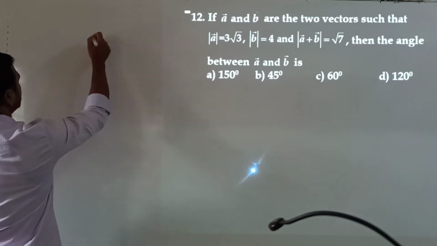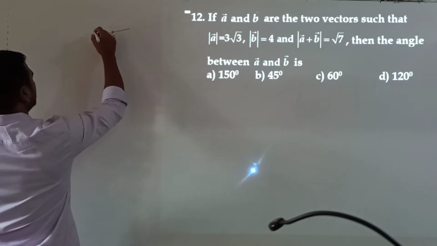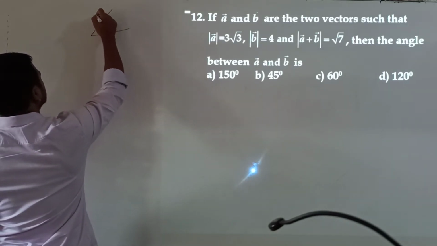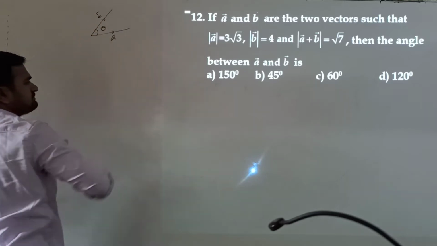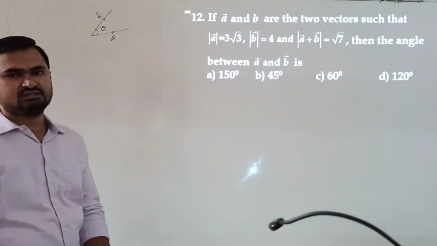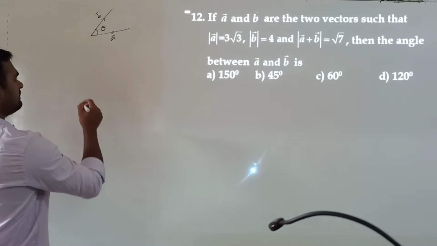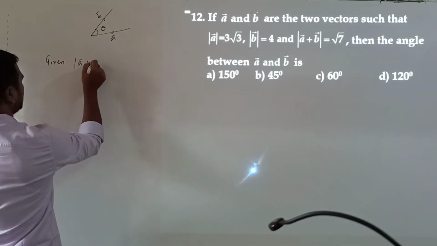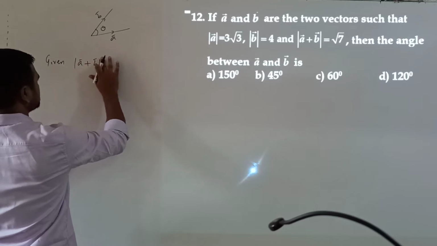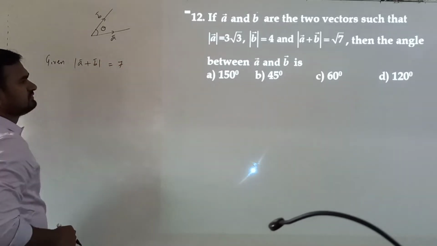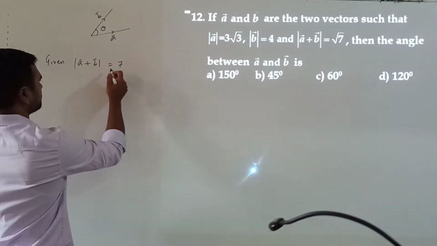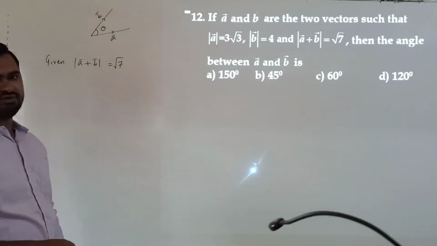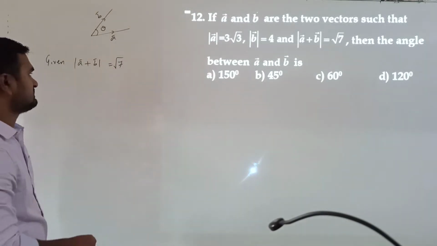Just take a bar and b bar. Suppose theta is the angle between these two vectors. Now given, the magnitude of a bar plus b bar is root 7.